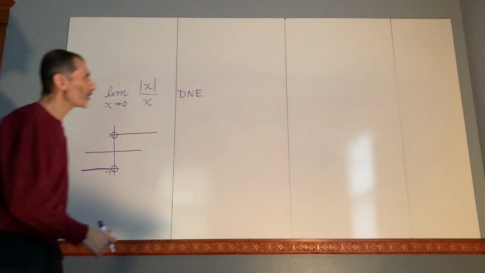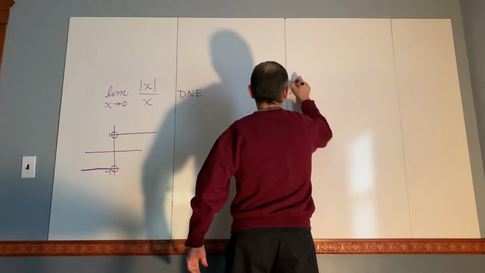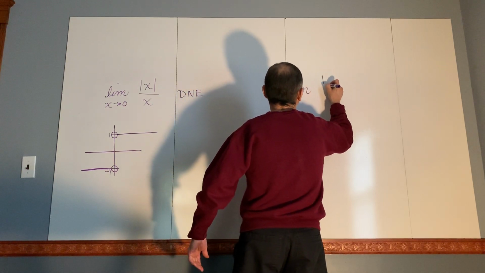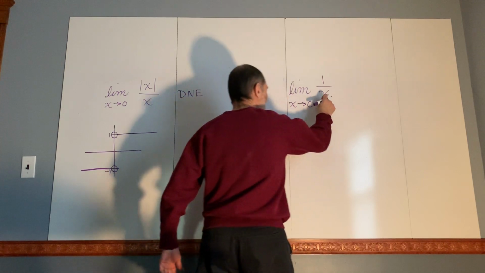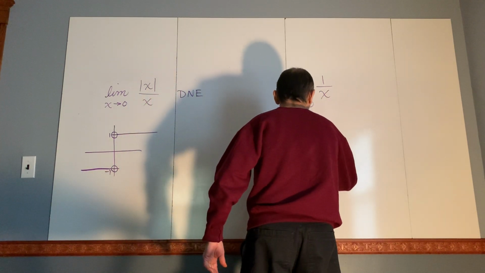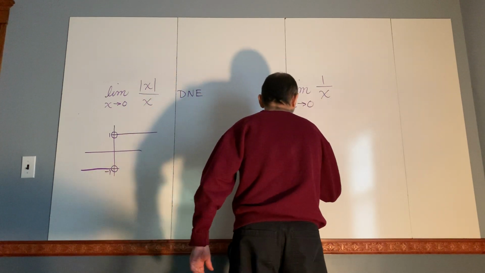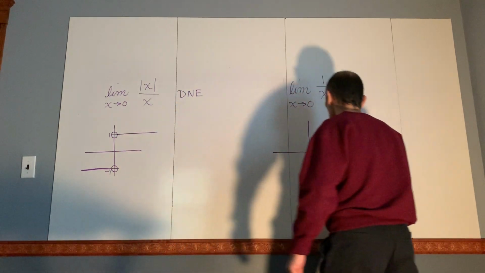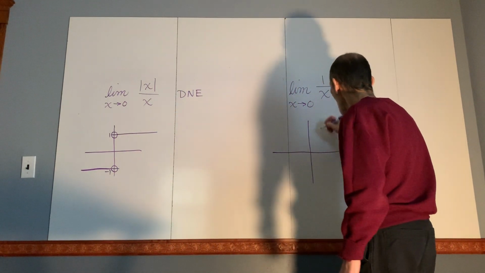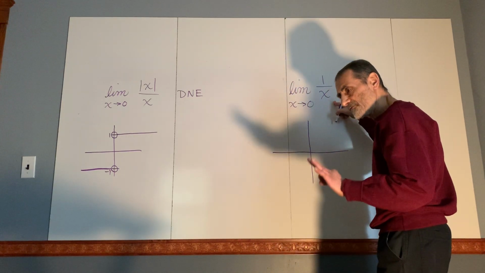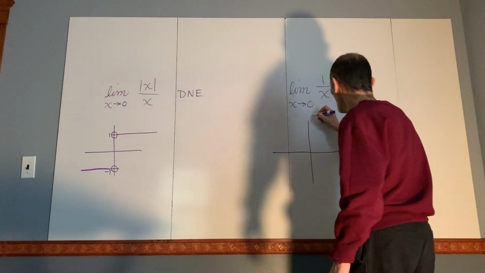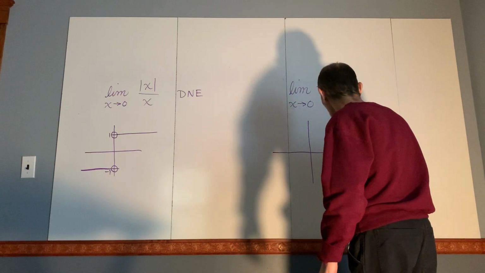Okay. One other, if we were to take the limit of 1 over x as x approaches 0. This is a function that comes up so often. Please get yourself familiar with it, okay? As x approaches 0 from the right, we have 1 divided by an infinitesimally small positive number. That's going to infinity.